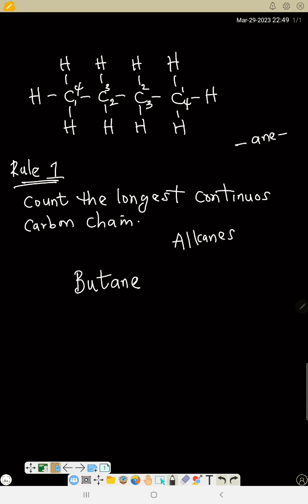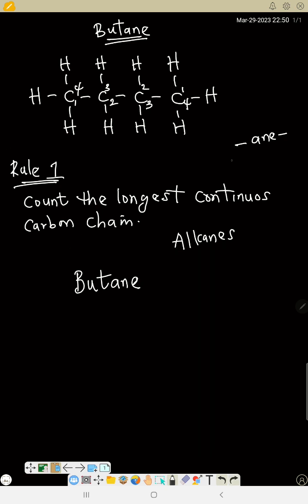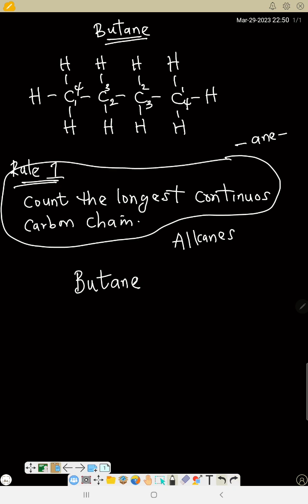So as you can see, this one now is butane. Let's see another structure. Take this as rule 1: count the longest continuous carbon chain. It is the one that will determine whether it's eth, meth, but, prop, hex, oct, like that.